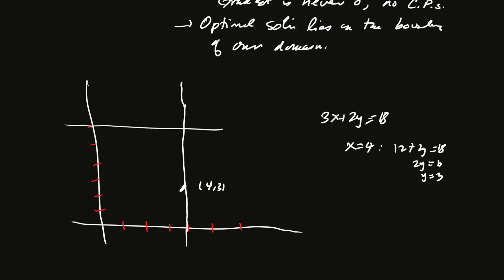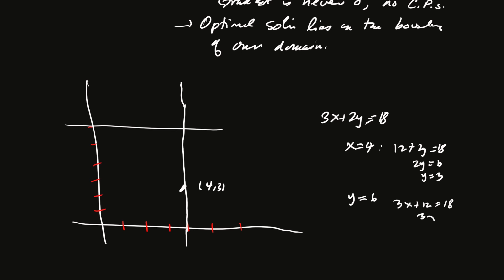Okay, and then, let's see, where's my other point? If y is equal to 6, then this is going to be 3x plus 12 equals 18, or x is equal to 4, is that right? Nope, that's not right. 3x equals 6.